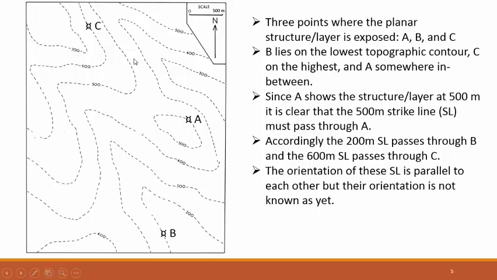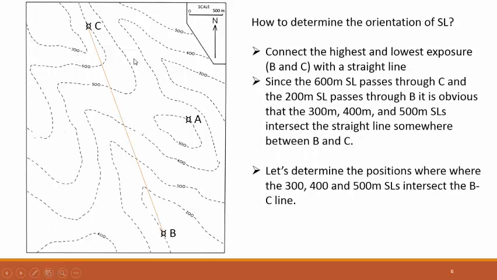So how can we construct the strike line? There is a very simple technique. The first step would always be to connect with a straight line the exposure at the highest topographic contour with the exposure at the lowest topographic contour.